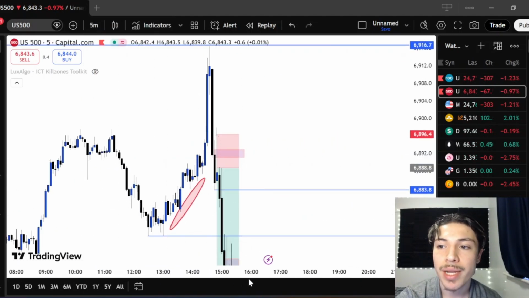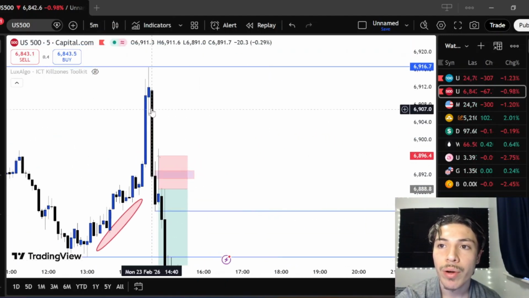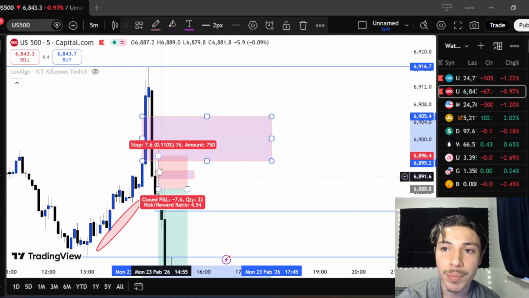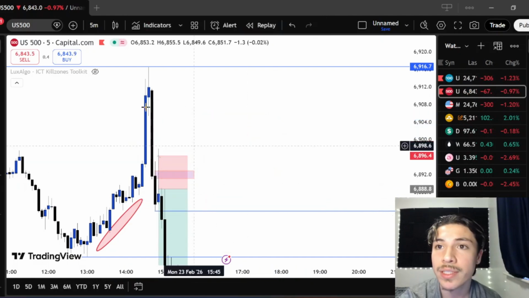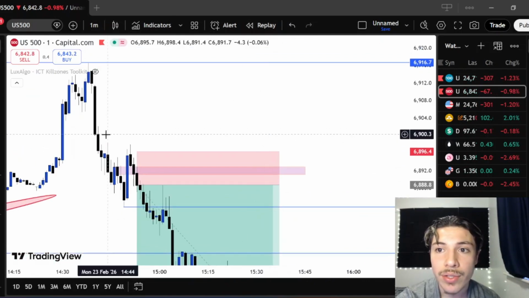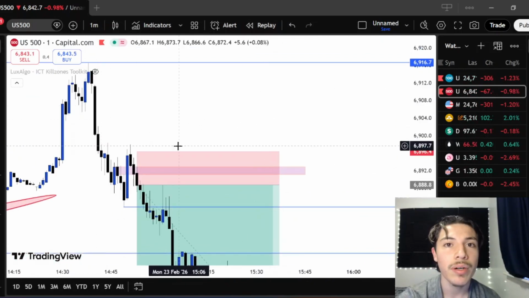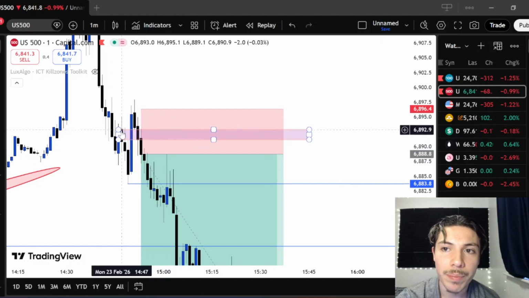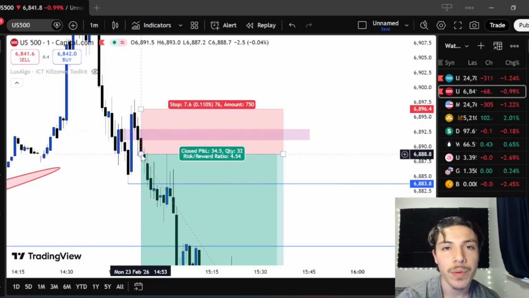If we check the 5-minute time frame as well, same thing. We were rejecting off of this 5-minute bearish gap. We retested it and we've got this big wick rejection. That is beautiful for sells. On the 1-minute time frame, we did not pull back into any of these gaps, but guess what? The NASDAQ had already done it for us. So once we got this confirmed close below this bullish fair value gap, this is where we took our sells.